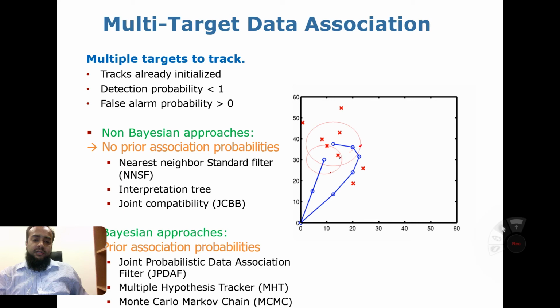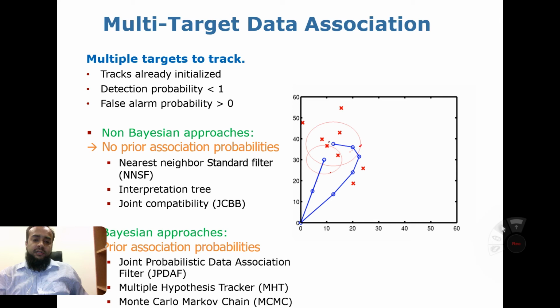There is always a miscorrelation, because track 1 can say this measurement belongs to me, and track 2 can say, no, this is my measurement, I am following this measurement.